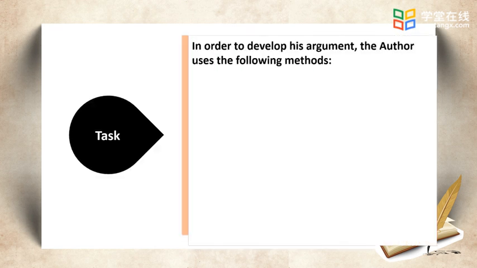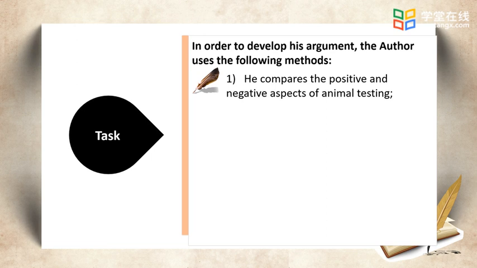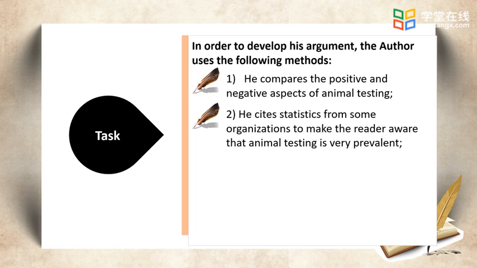In order to develop his argument, the author uses the following methods. First, he compares the positive and negative aspects of animal testing. Second, he cites statistics from some organizations to make the reader aware that animal testing is very prevalent.